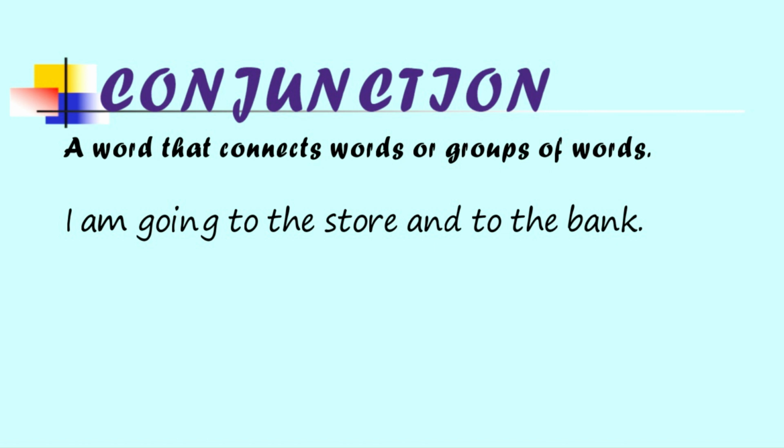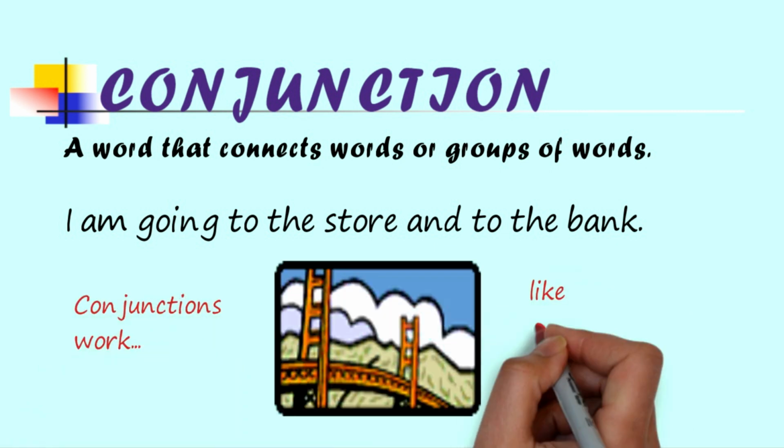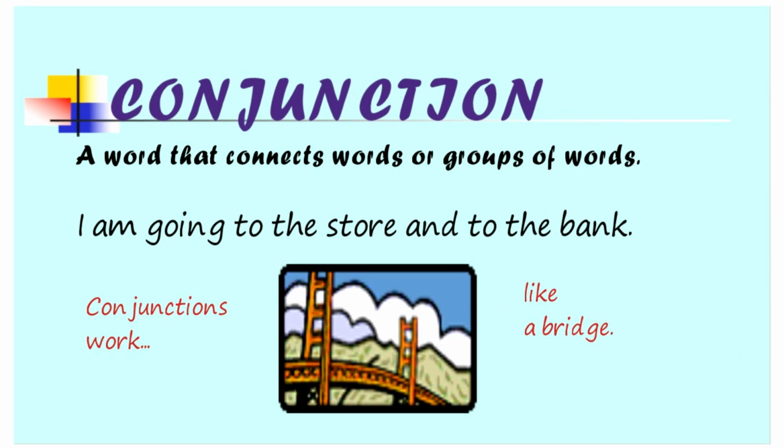Like if I say, I like apples and bananas. Or, I like apples, but I don't like pears. So here, but is a conjunction. We have also and, right? So conjunctions are words that work like a bridge. They combine sentences. We shall have a detailed lesson once again on conjunctions. Just expect it.